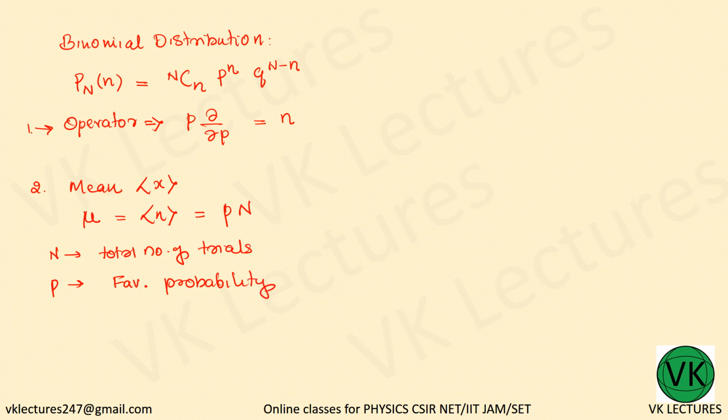Now coming to the third one, the average of x squared or the average of n squared, which is equal to np plus n squared p squared minus np squared.